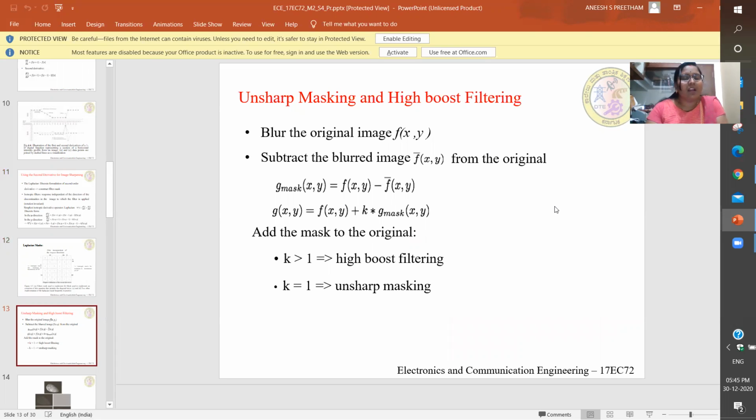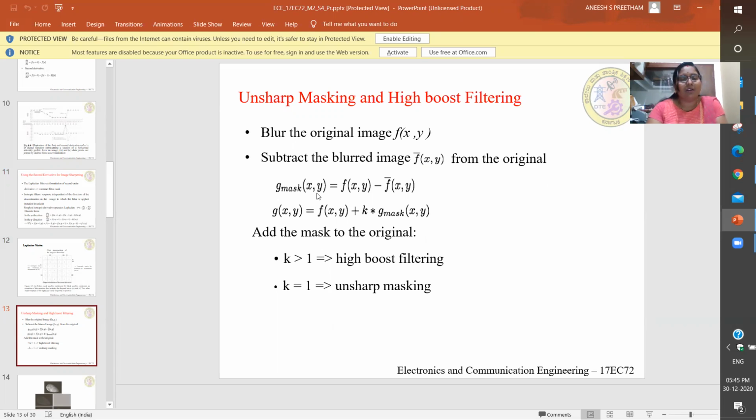Next topic is unsharp masking and high boost filtering. What are the procedure steps we need to follow for unsharp masking and high boost filtering? First, blur the original image f of x comma y. Subtract the blurred image f dash of x comma y from the original.